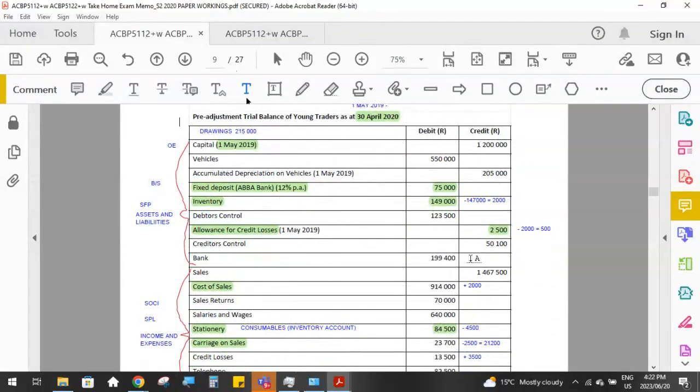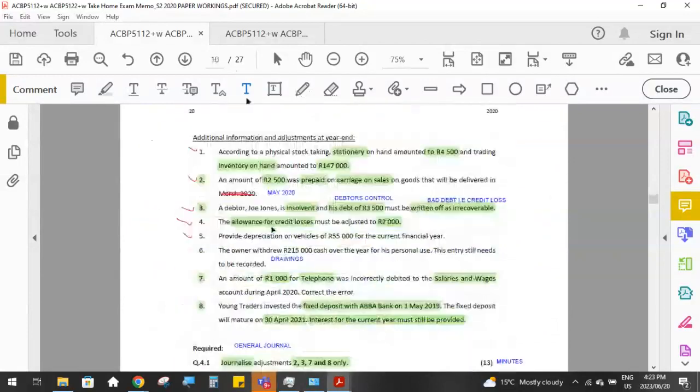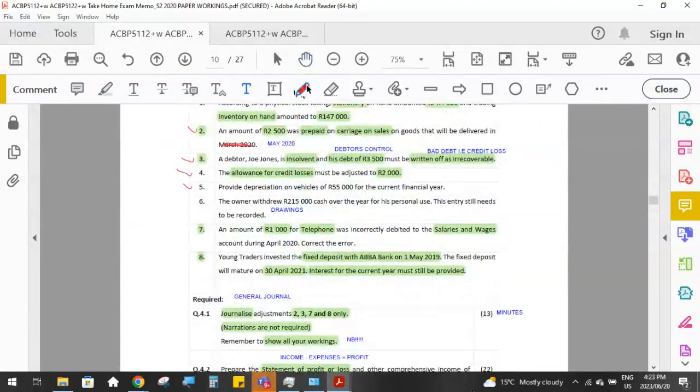Okay, debit drawings and bank here would get the credit. We haven't yet recorded the fact that the owner took that money. So we're happy that we've recorded the drawings for the year.